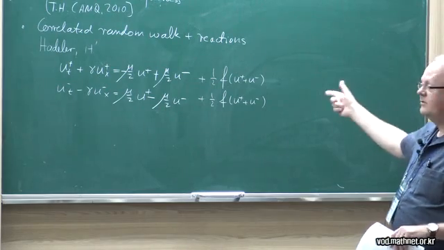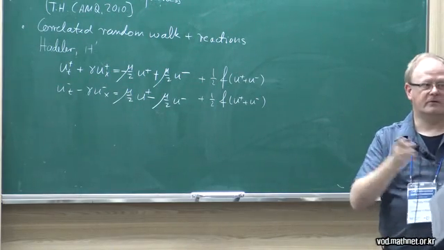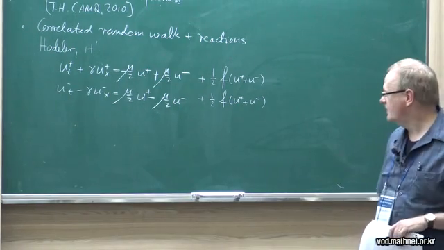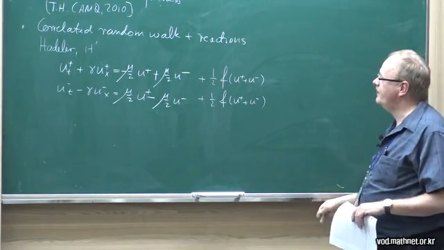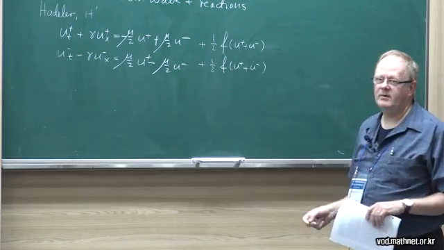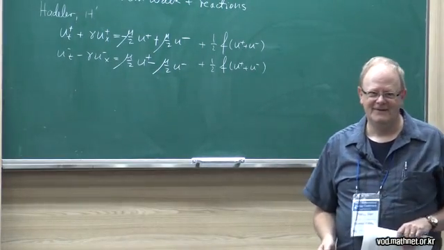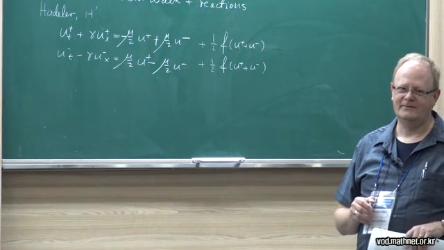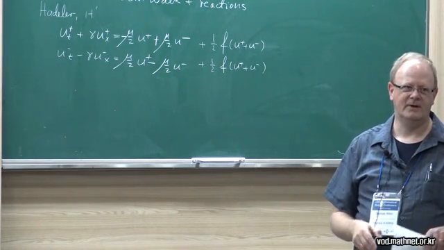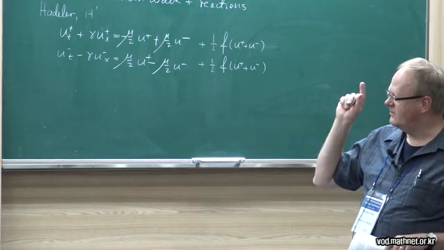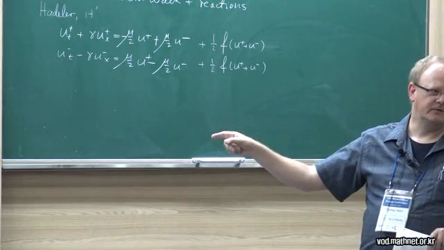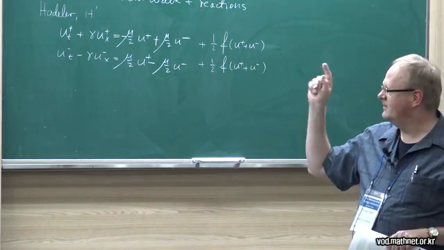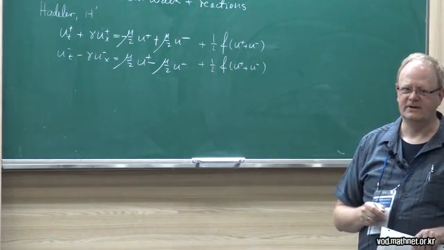Of course, we could do more complicated things, so that if the mother goes to the right, then the daughter is likely to go to the right, etc. But let's look at the simplest case, because now I would like you to get to work. I would like you to do all that I did there on the left. Take a piece of paper, your notepad and a pen, and derive the reaction Cattaneo equations and the reaction telegraph equation, and then do the limit and see what you get for the diffusion limit.